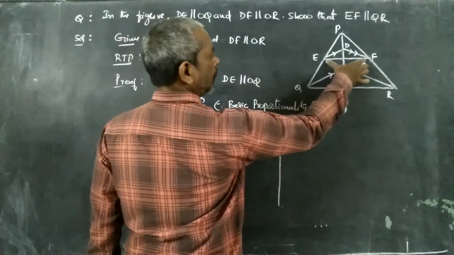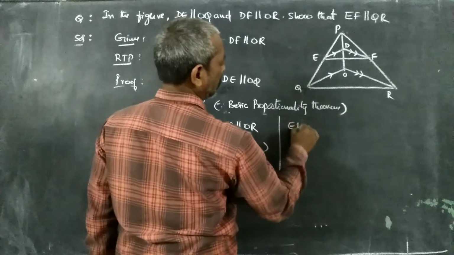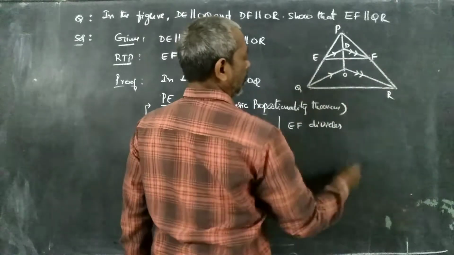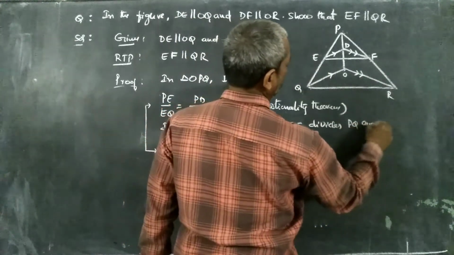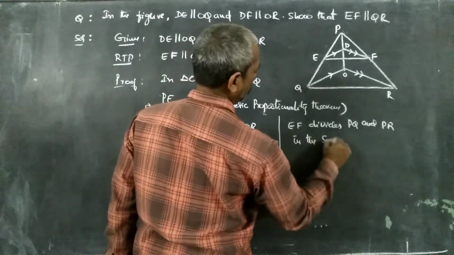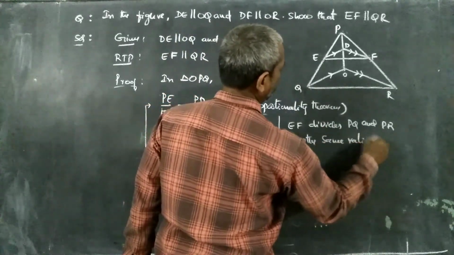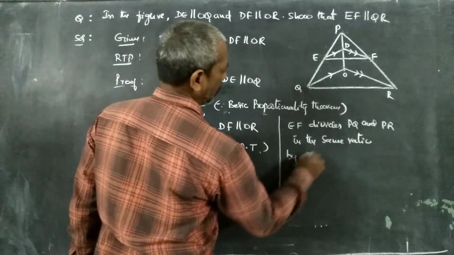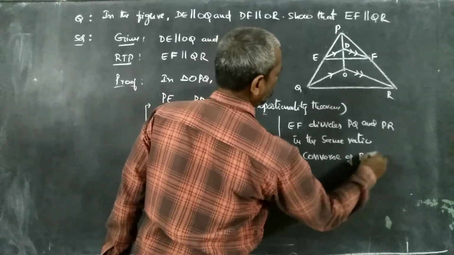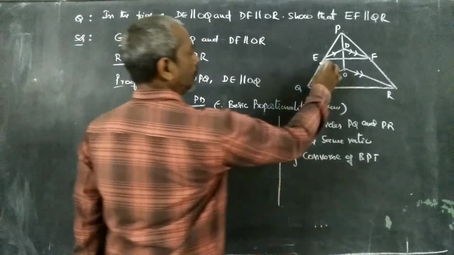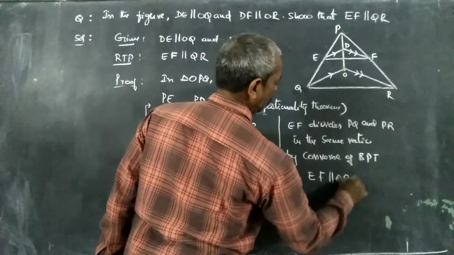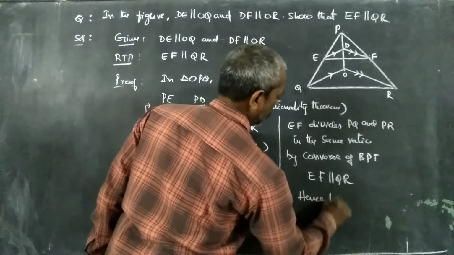That means EF divides PQ and PR in the same ratio. Therefore, by converse of basic proportionality theorem, EF is parallel to QR. Hence proved.